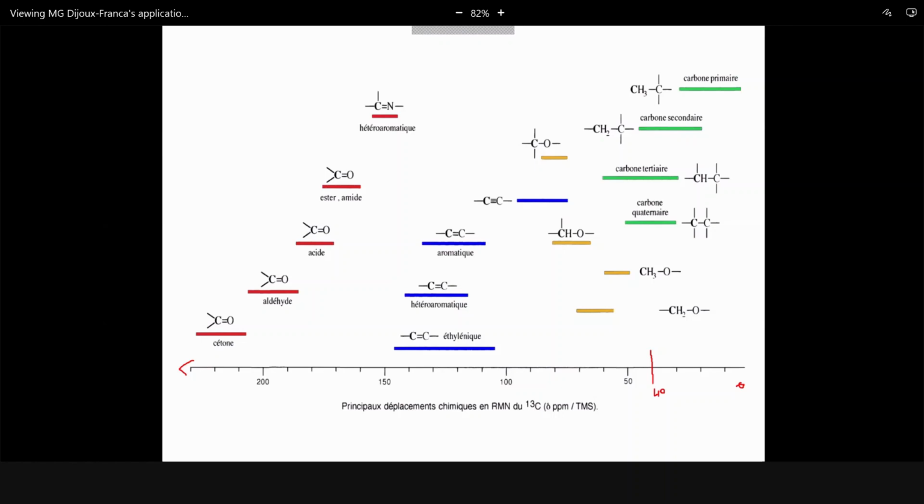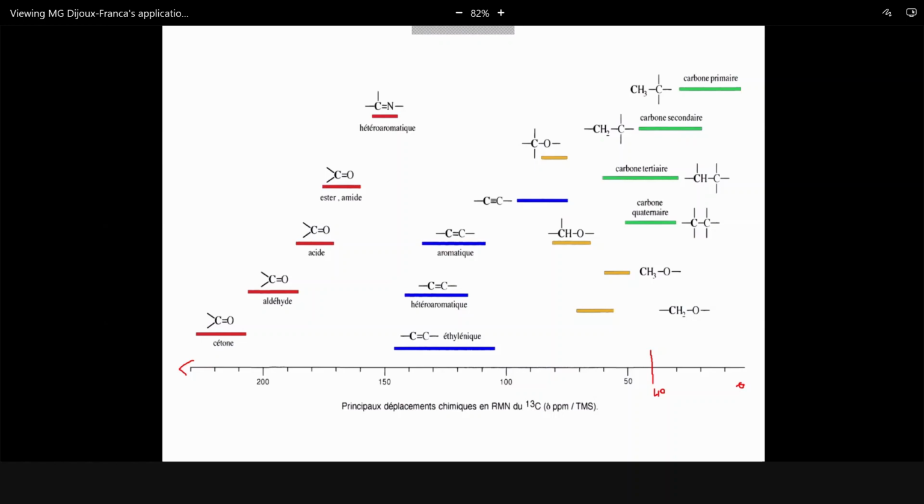But you see, as soon as you add an oxygen, we go over 50 ppm. All the green ones are carbons in aliphatic chains without any heteroatom just beside.